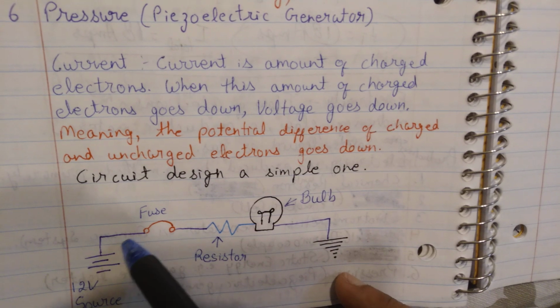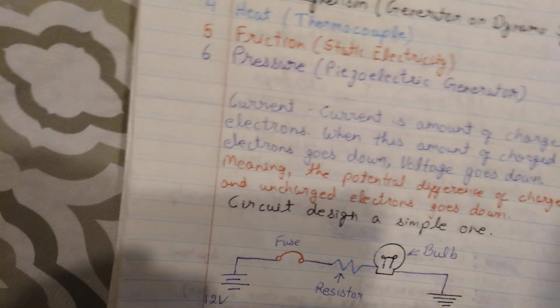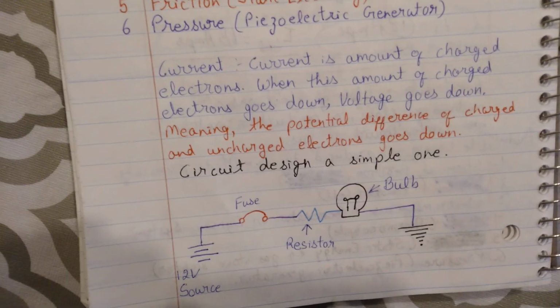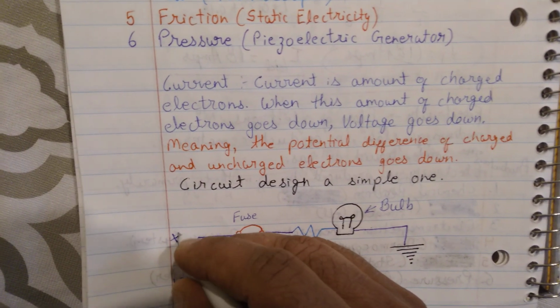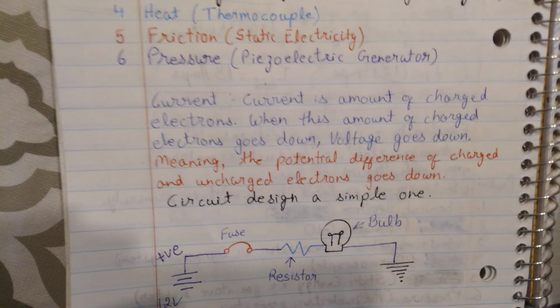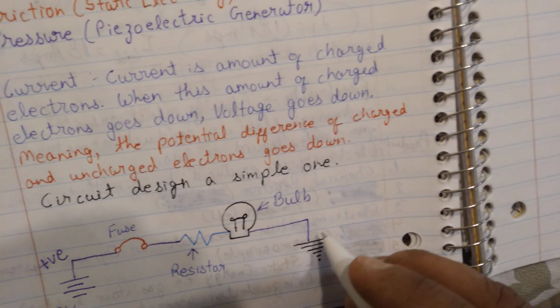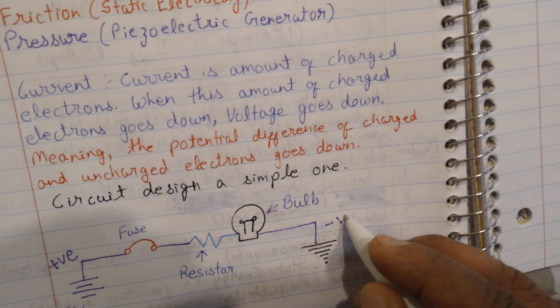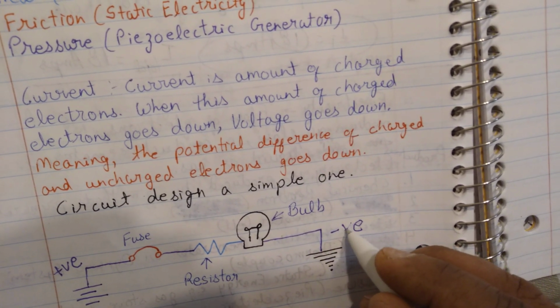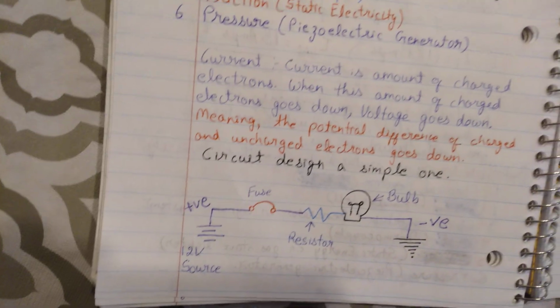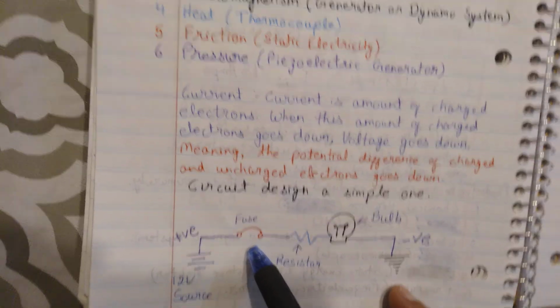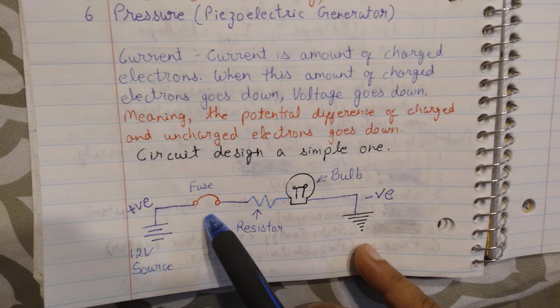So the fuse always goes on this side, our positive side, and the side which goes to ground is always our negative side. So we always put our fuse on the positive side.